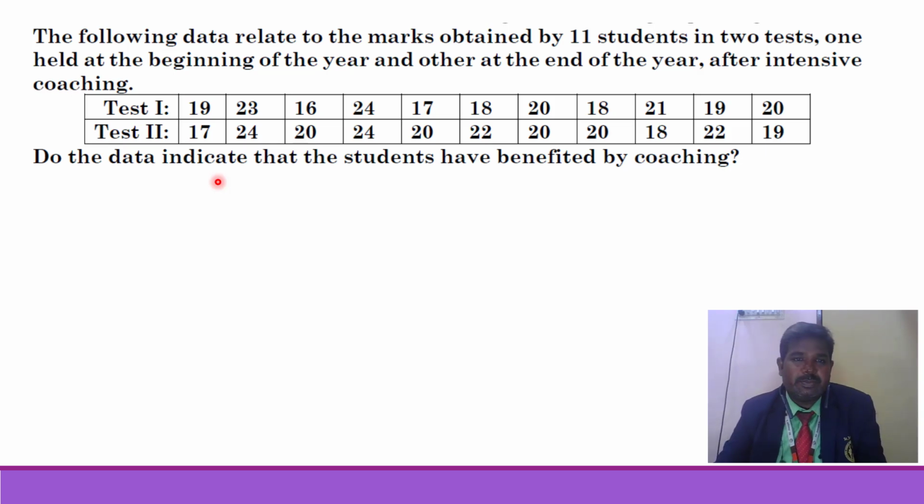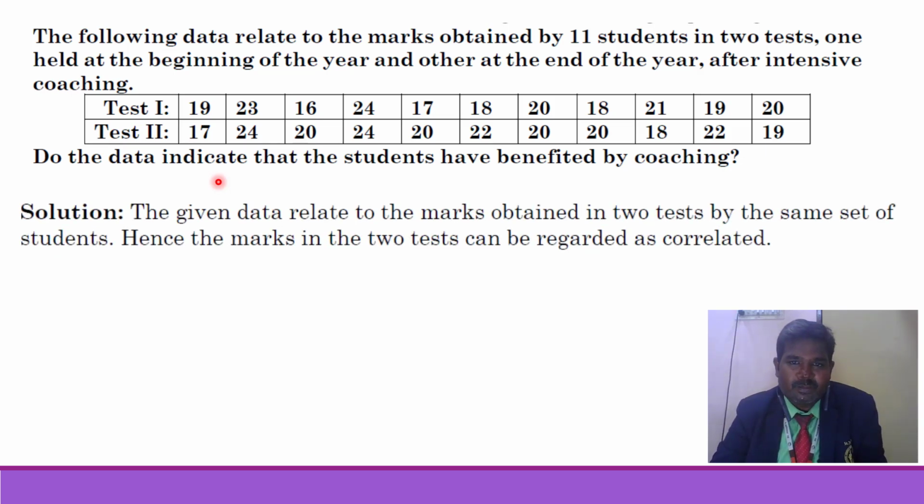So we can use the paired t-test. The given data relate to the marks obtained in two tests by the same set of students, hence the marks in the two tests can be regarded as correlated. So we have some relation, and we can use the paired t-test.